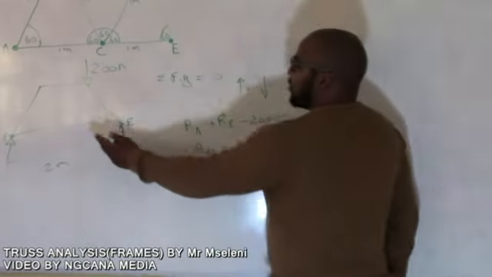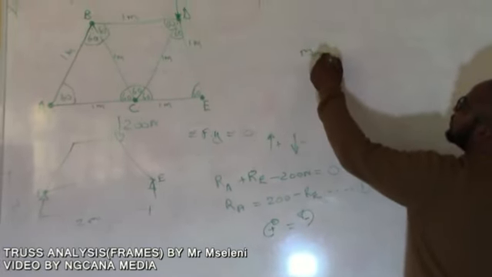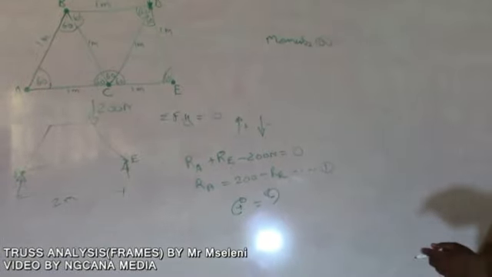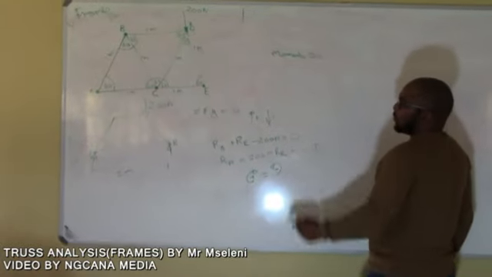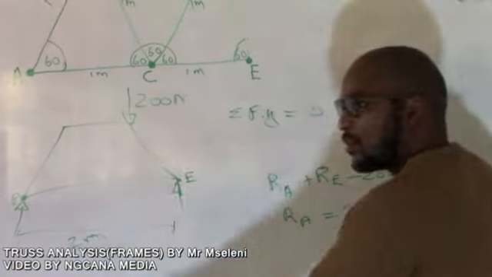So we take moments at A. At A, we have our 200 newtons, which is going to tend clockwise.